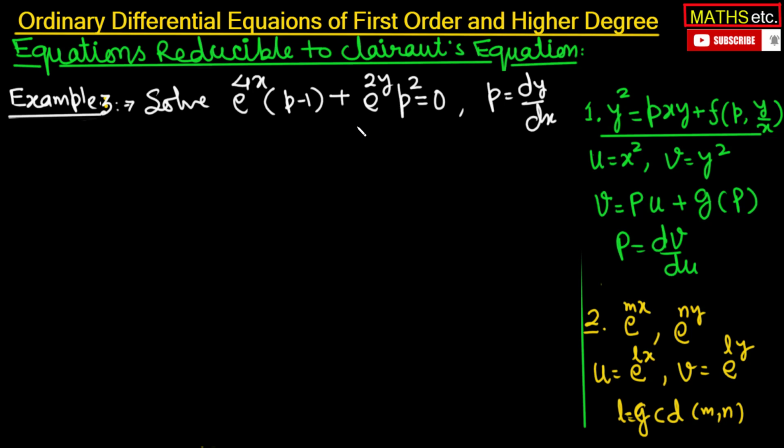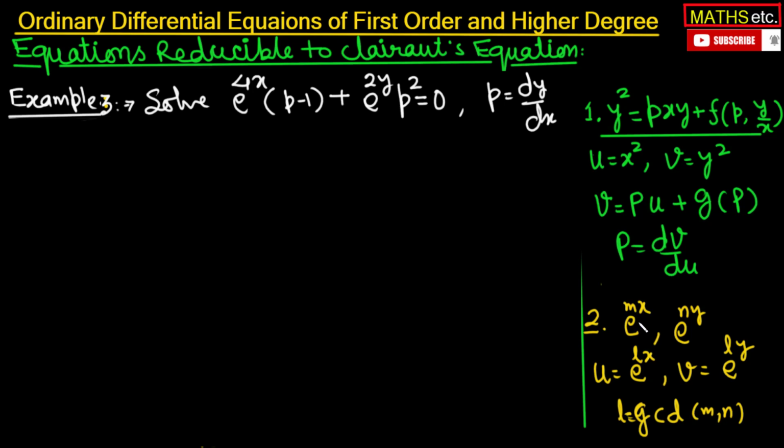Again, it is difficult to solve this problem for y variable, similarly for x variable. So the only thing left is that either it is Clairaut's equation or it could be reduced to Clairaut's form. Clearly, this is not a Clairaut's equation. That's why we will opt for some suitable transformations using which we will convert it into Clairaut's equation.